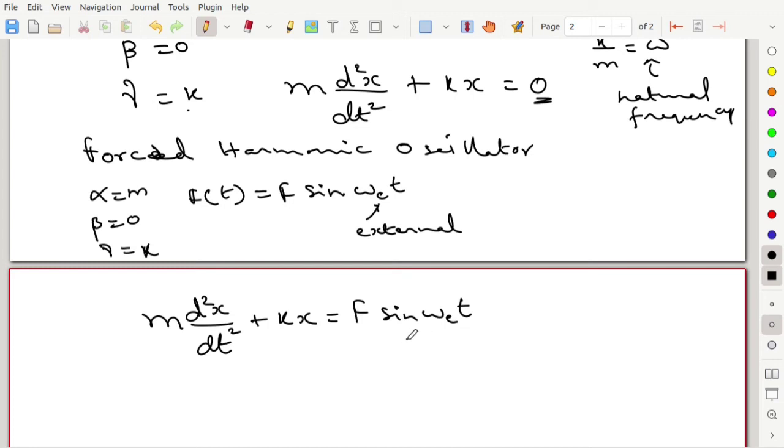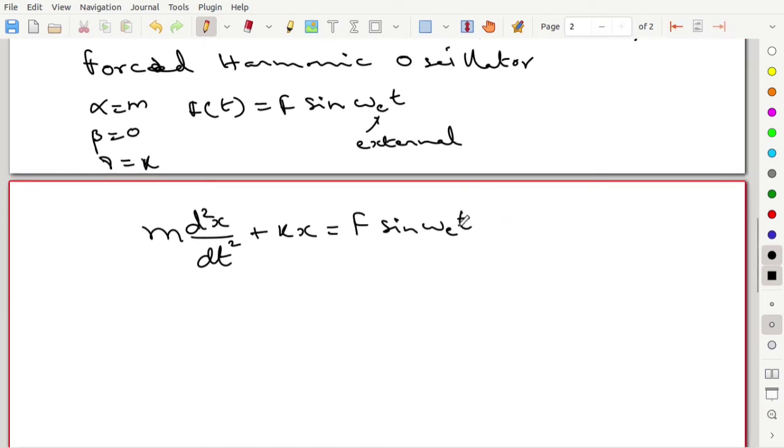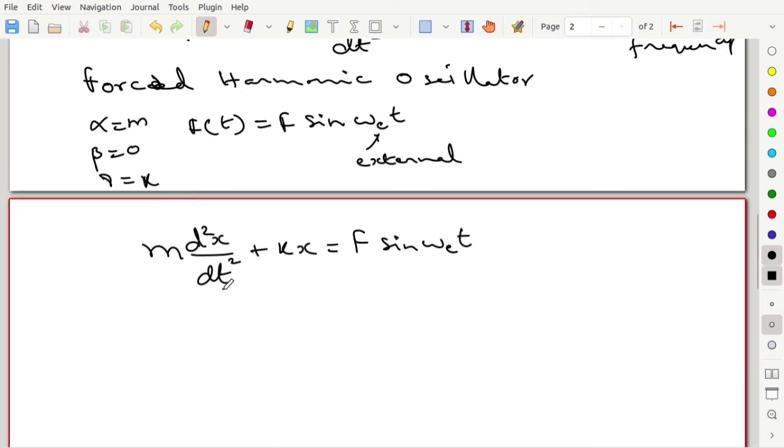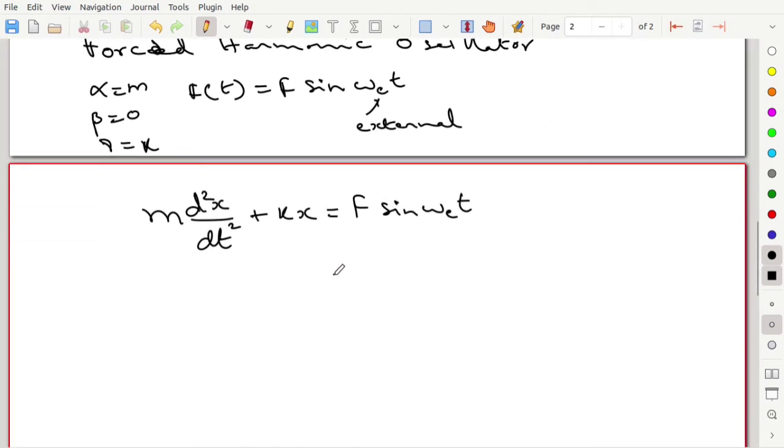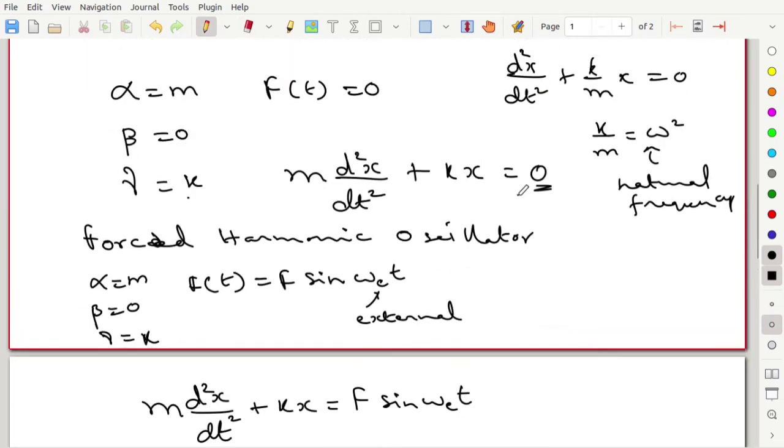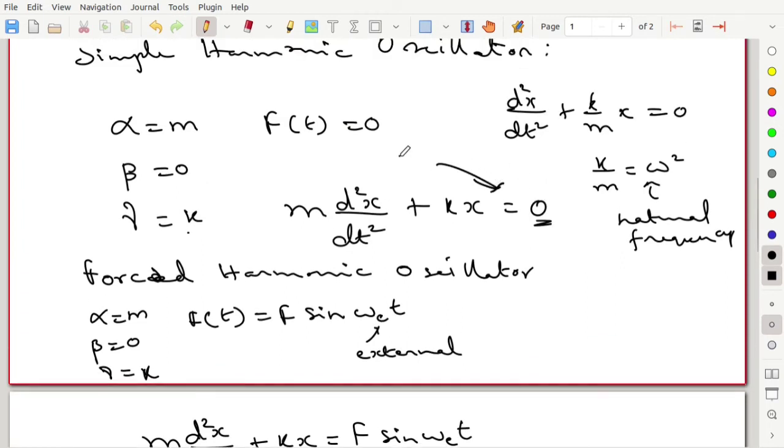Now if you look at this equation, we have a function of t, and t is our independent variable. So this is an example of a non-homogeneous differential equation, and the free oscillator is an example of a homogeneous differential equation.